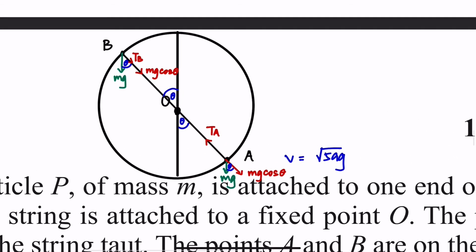So we need to find the vertical height. So we know that this is A, so the vertical height over here would be A cos theta, and is the same here, A cos theta.